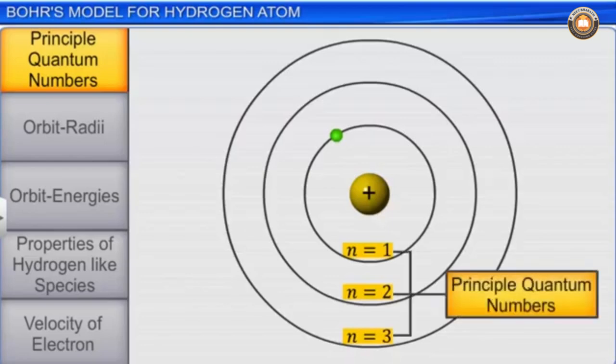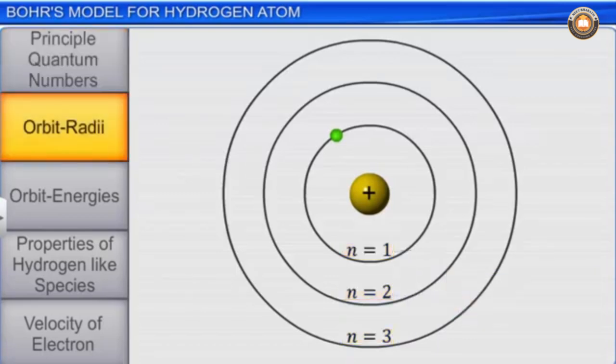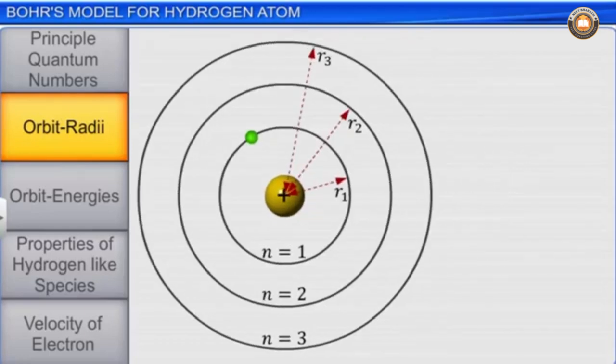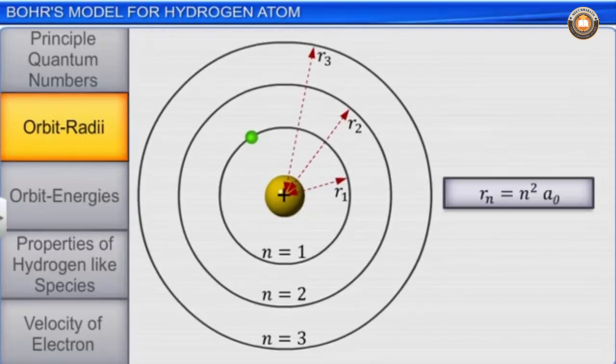The radii of stationary states or orbits can be given by the expression: radius of the nth orbit, Rn, is equal to n square multiplied by the constant A0, which is equal to 52.9 picometer.